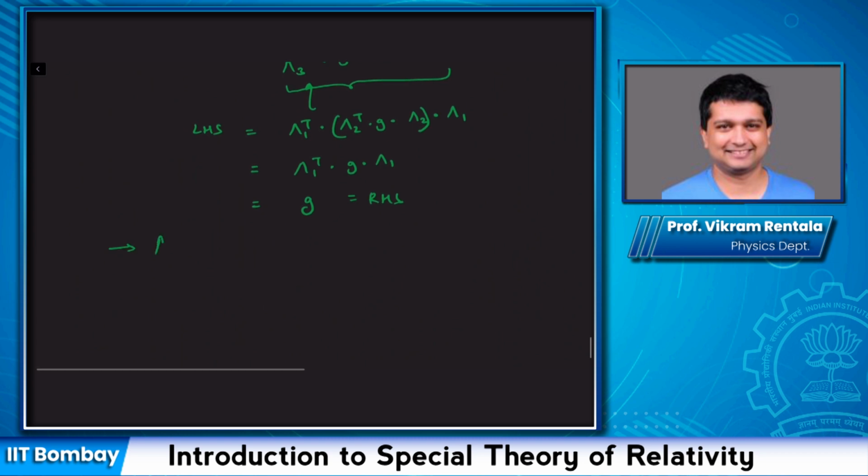Now, associativity is satisfied because matrix products are associative.